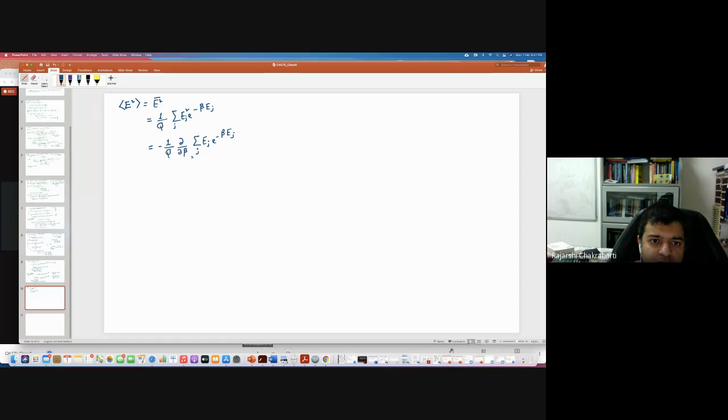Now what is this quantity? This quantity is nothing but your E average times Q. So the whole thing I can write as minus 1 over Q del beta of E average times Q. Can I write like this?